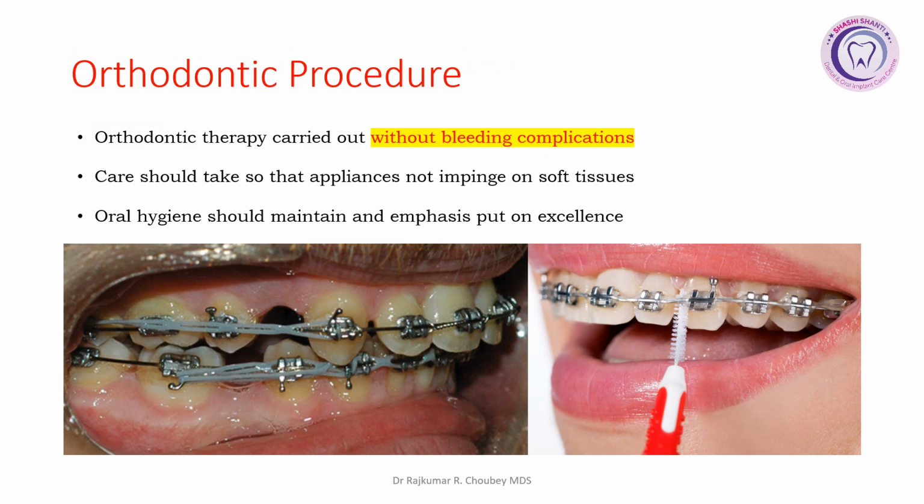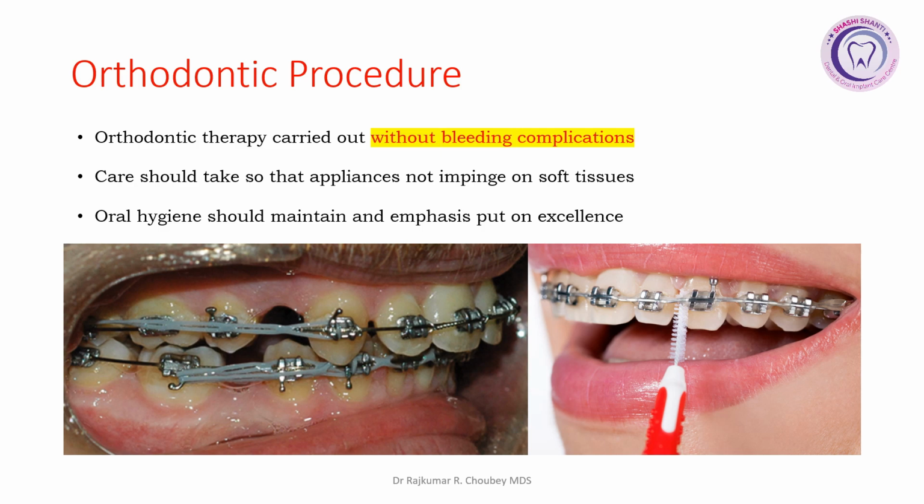Third branch is the orthodontic branch, where the bleeding complication is rare, because only when the braces are applied will the braces cause piercing of the soft tissue, and then bleeding will start. So care should be taken not to impinge the braces or metallic parts on the soft tissue.